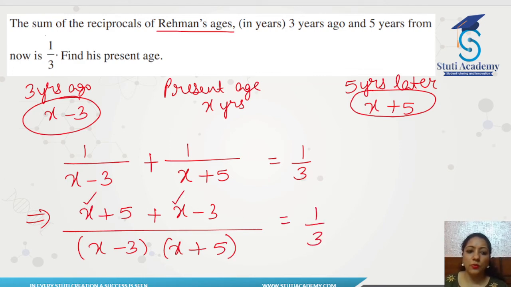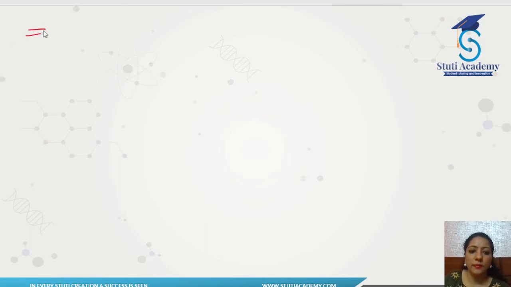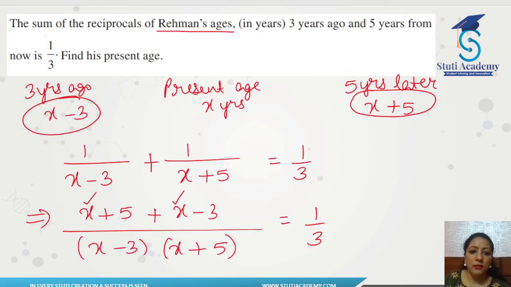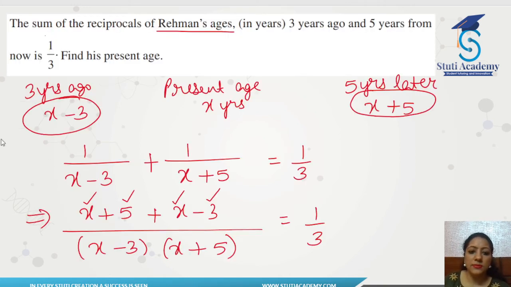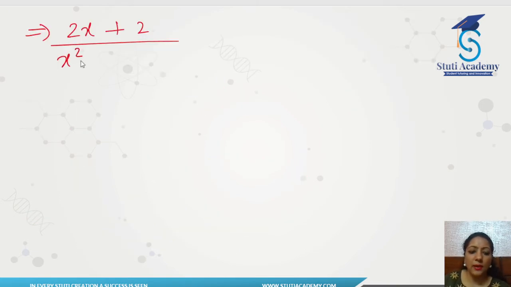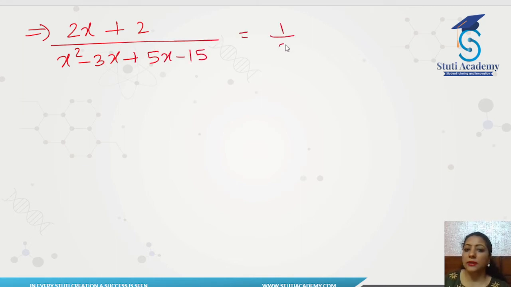x and x will become 2x. Then we have 5 and minus 3 will give us plus 2. And then we can simplify this. We'll get x square minus 3x plus 5x minus 15, and right hand side I'm writing as it is.